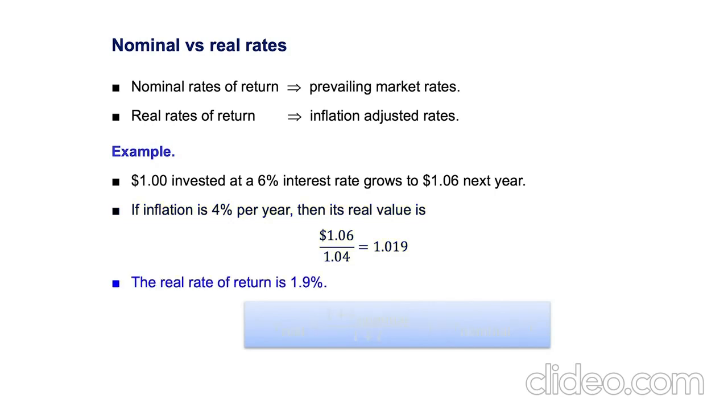This then gives us the real rate of return, which will just be 1.9% rather than the nominal 6%. If we do this in general, the real rate of return should equal 1 plus the nominal rate of return deflated at the inflation rate I, then minus 1. In the case that both the nominal rate and inflation are small, we can also approximate this by just the difference of the nominal rate minus the inflation.